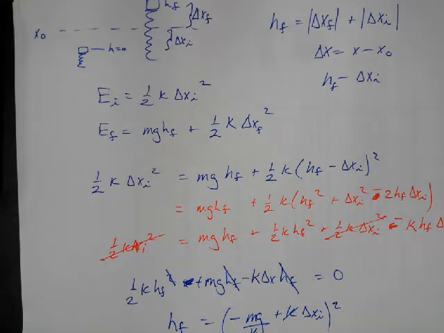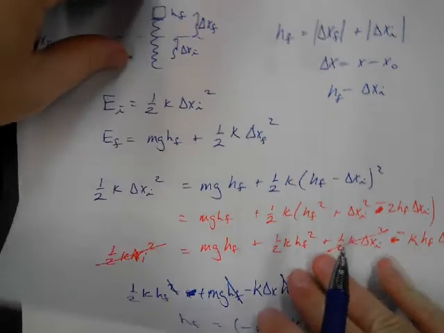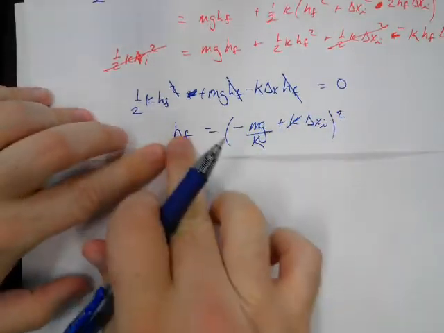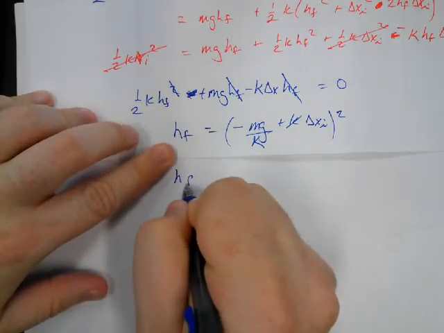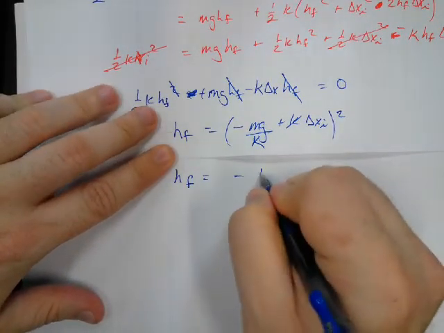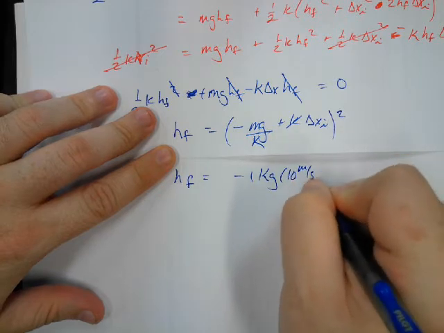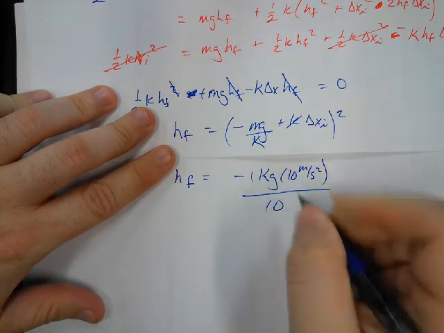And so now we can do some additional math. All right. We can actually plug in: h final will be minus 1 kilogram times 10 meters per second squared over 10 newtons per meter.